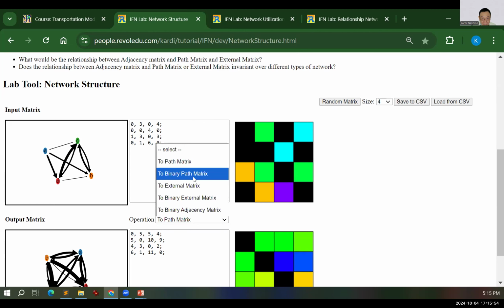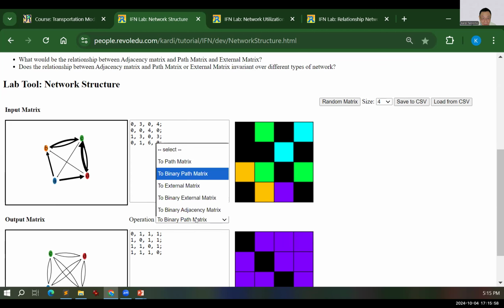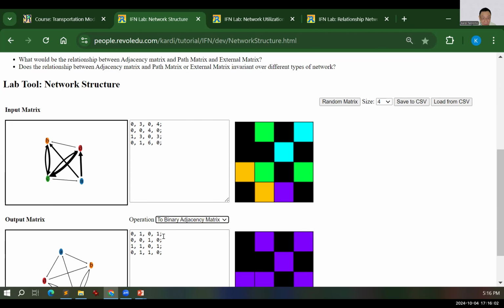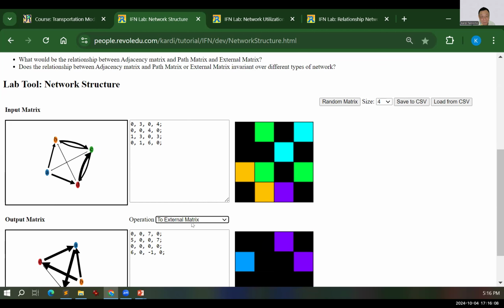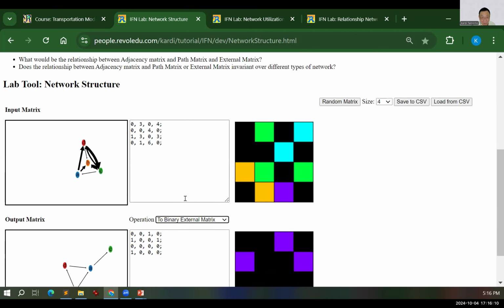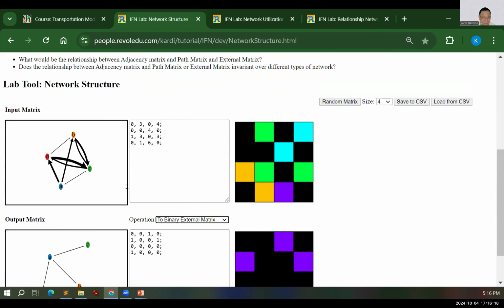If you want to binarize the path matrix, this is the binarized path matrix. You can also go to binary adjacency matrix, and external matrix, and binary external matrix. So you can play around to get the path matrix.